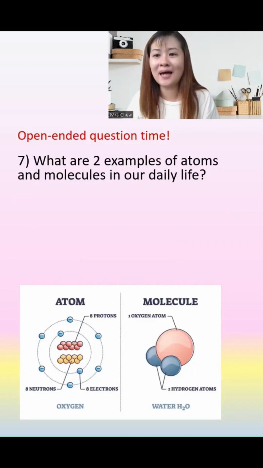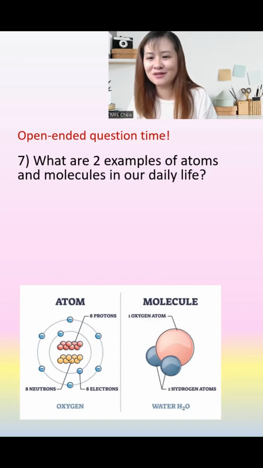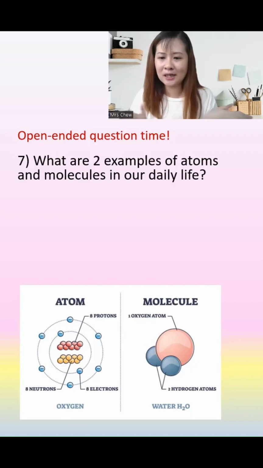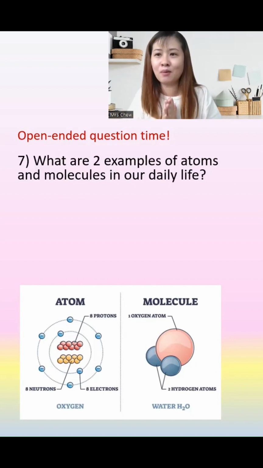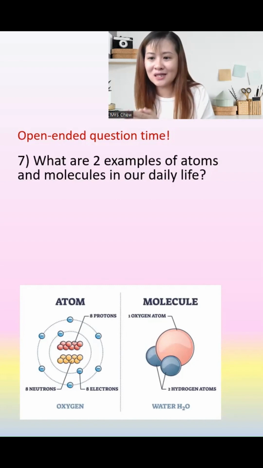Question 7, the last question: what are 2 examples of atoms and molecules in our daily life? So let's take a look at the picture so that we have some visualization of an atom. When we talk about atoms, the question will always ask us about protons, neutrons, electrons, all right? Because these are the subatomic particles. And when we talk about molecules, it looks like this.